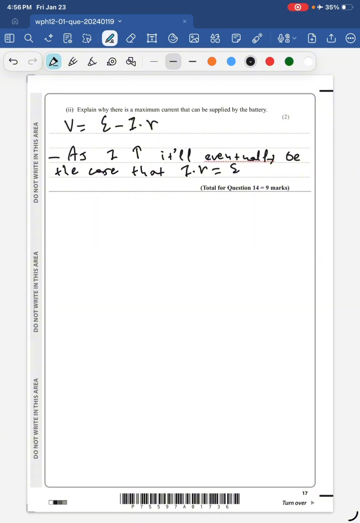At that point, V is going to become 0. So with no potential difference, the current can no longer increase. So at that point, V equals 0, or EMF is equal to Ir.